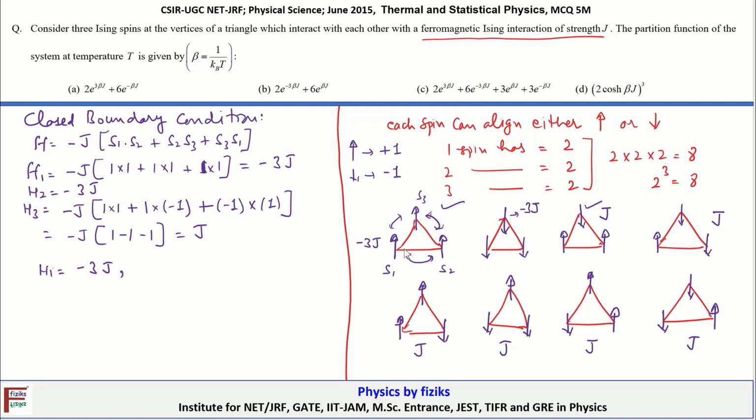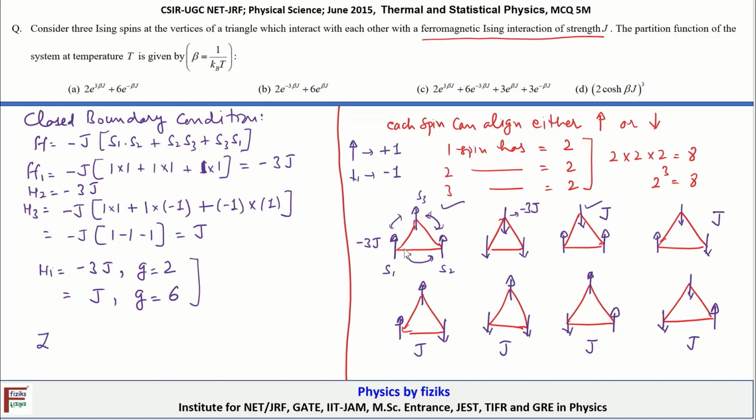How many microstates have this energy? 2 microstates, so I will write this result as a degeneracy of 2. Similarly, an interaction energy of J exists, but for how many microstates? 6 microstates.